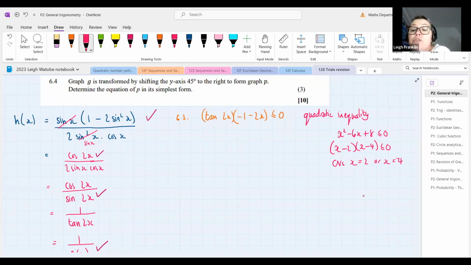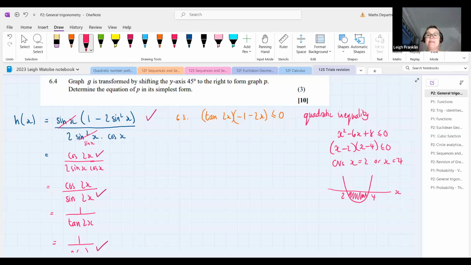And what your teachers would have taught you to do here is to draw a graph. So it's a parabola. We need our x-axis, our smaller numbers on the left, our bigger numbers on the right. And now we go back and have a look. Here, x squared minus 6x plus 8 is smaller than or equal to 0. So that's going to be over here where y is negative, smaller than 0.